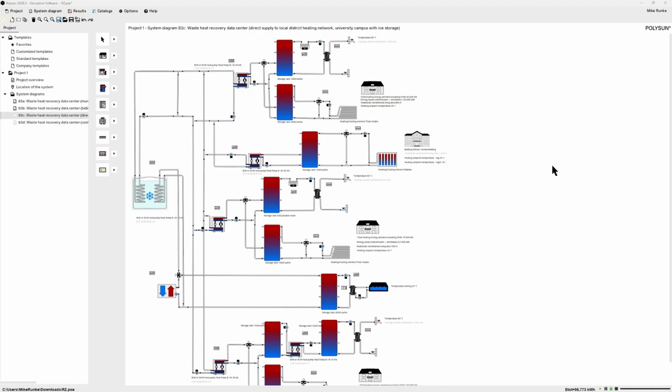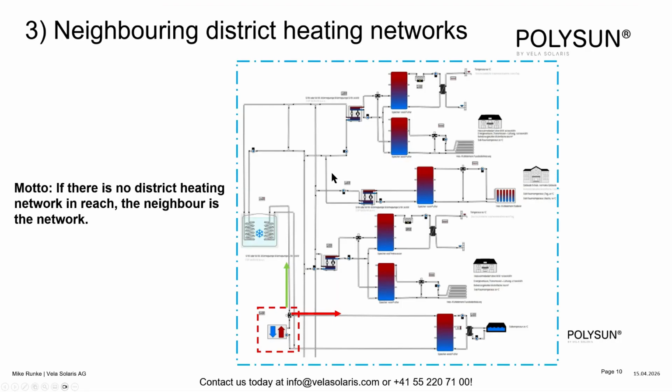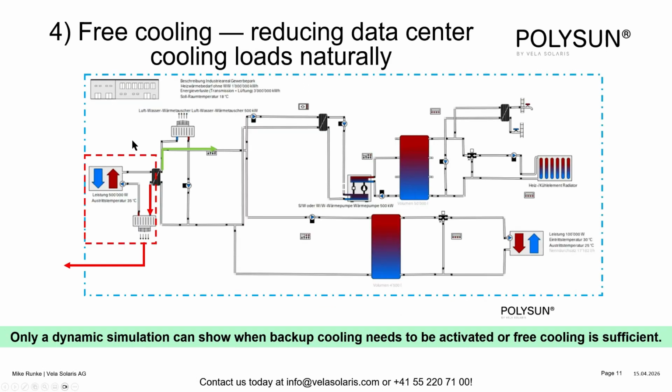Jumping back to our use cases, we have one more use case which is quite interesting and common. That would be the free cooling and heat recovery. So free cooling of data centers means leveraging natural sources of cold, like outside air, rivers, lakes, or the sea. So that means we're really dependent on where we're building.